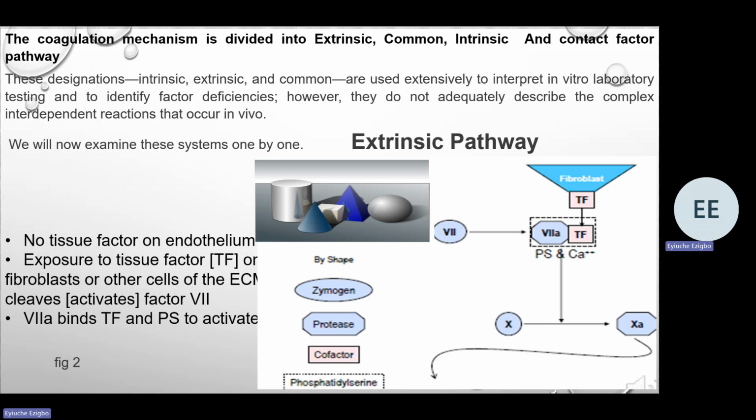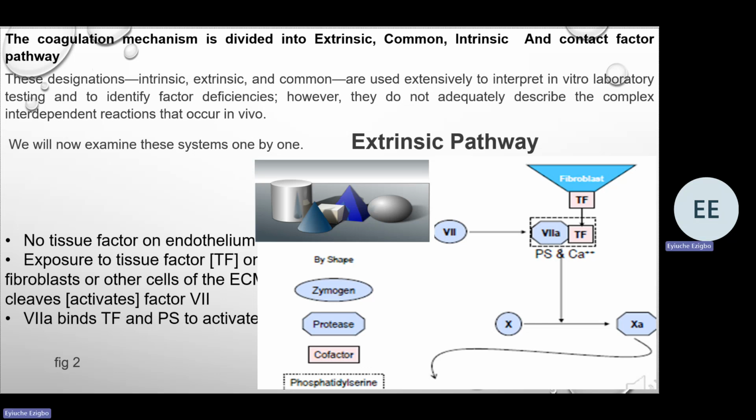When the endothelial cell is damaged, as we have said earlier, the tissue factor on the subendothelial fibroblasts and smooth muscle cells cleaves and activates factor 7, which binds tissue factor in the presence of PS and ionic calcium.